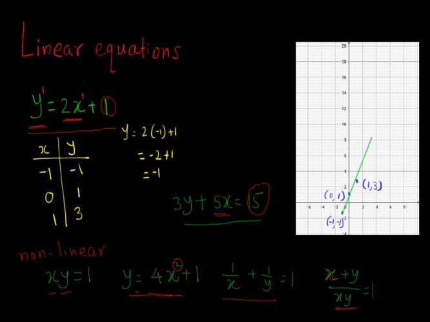Here constant is multiplied by a variable which has got power 1. Here the constant is 3 multiplied by variable y which has got power 1. So this is a linear equation. So that's okay.